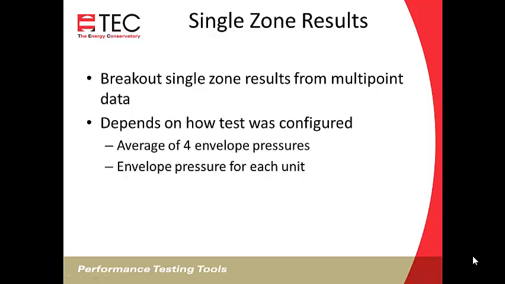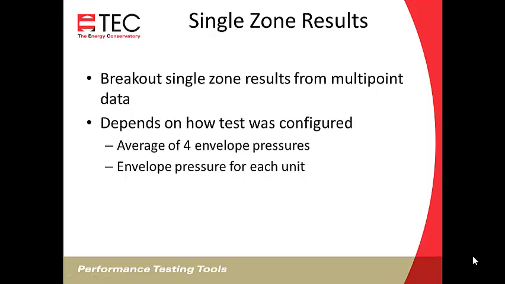So you have 8 envelope pressures. You don't want to average those envelope pressures. You only want to use one pressure when you're doing the individual zone result. So we have to take a little different approach on how we're breaking that out.